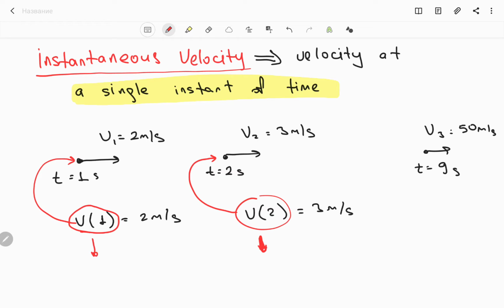This is the instantaneous velocity at 1 second. This is the instantaneous velocity at 9 seconds. So this is the definition of instantaneous velocity: velocity at a certain time.